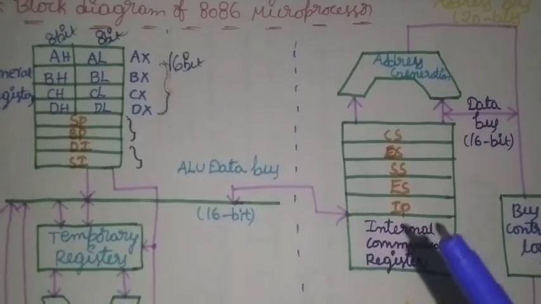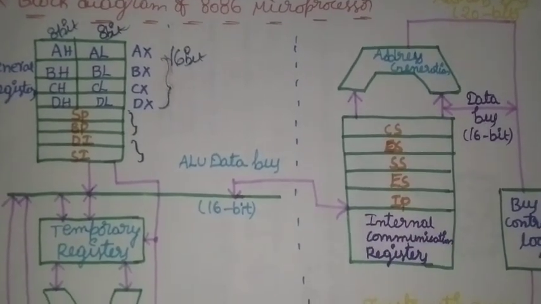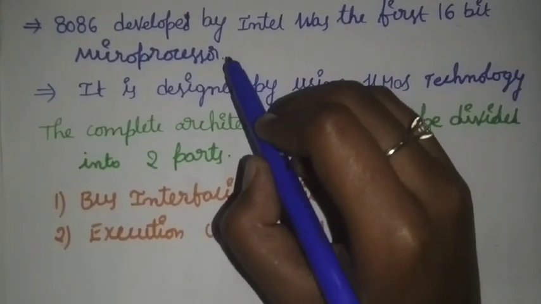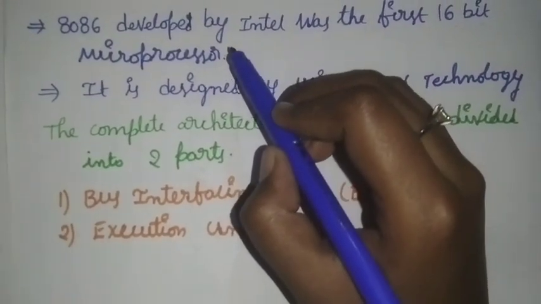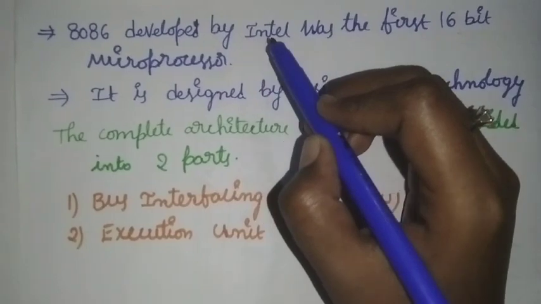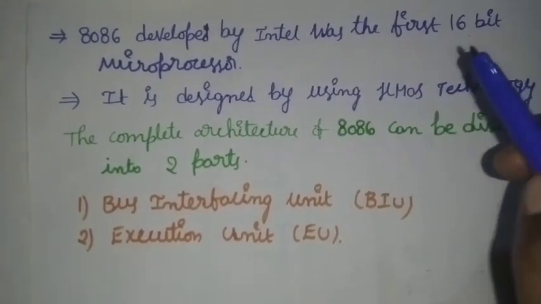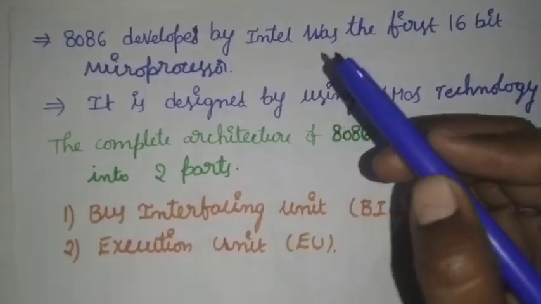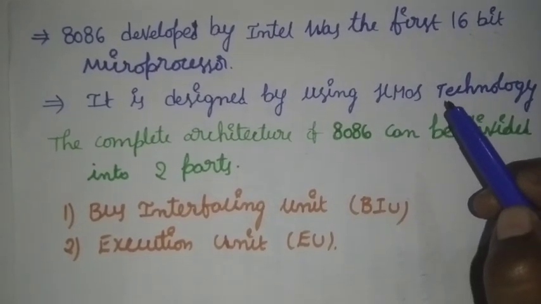We already discussed the features of the 8086 microprocessor. The 8086, developed by Intel, was the first 16-bit microprocessor, and it is designed using HMOS technology.